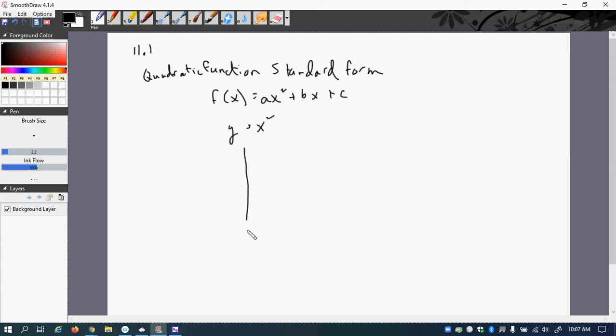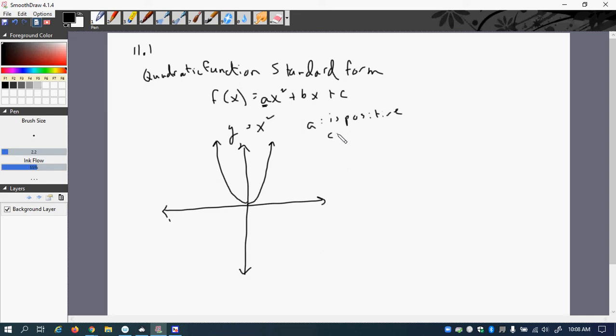If I was to graph that, this takes on the shape of a U shape. And the reason why it goes up is because the A is positive. The curve goes up.